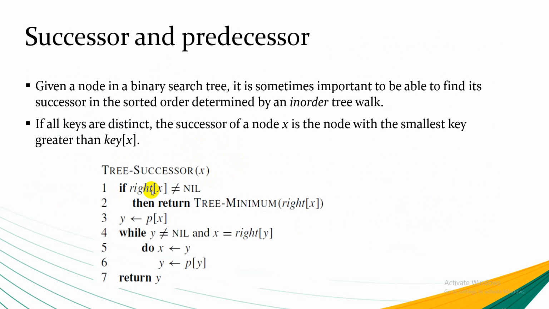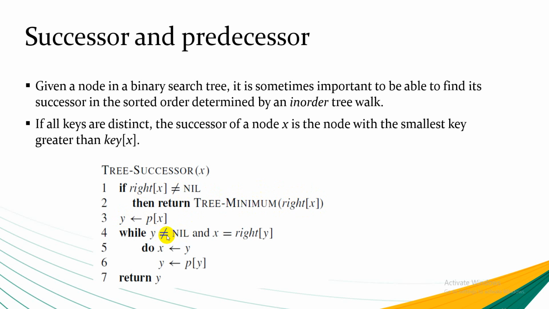So if right of x is different from null, so there is someone at the right, then we take the subtree where the right of x is the root, find the minimum of this and return the minimum value. Otherwise, let's assume that the parent of x is y.